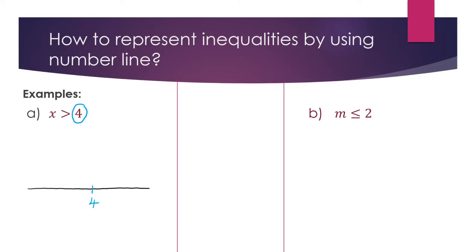We have 2 types of point. The first type is the open point. A point is said to be an open point if we have the symbol greater than or less than. And this is how we draw our open point: an empty dot in the middle.